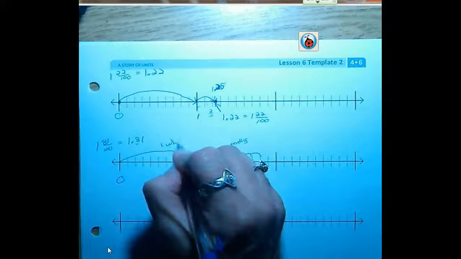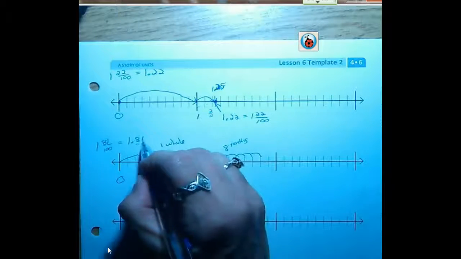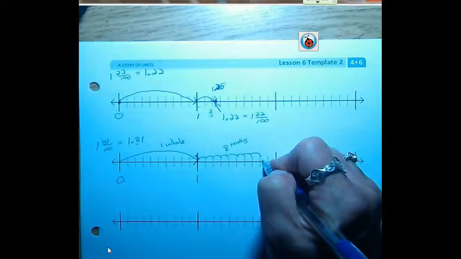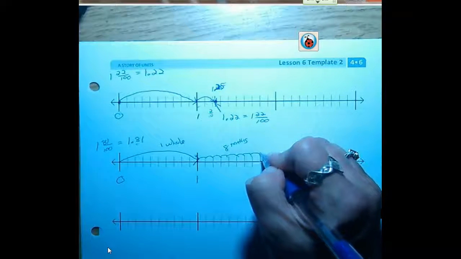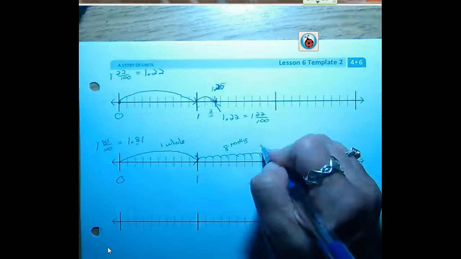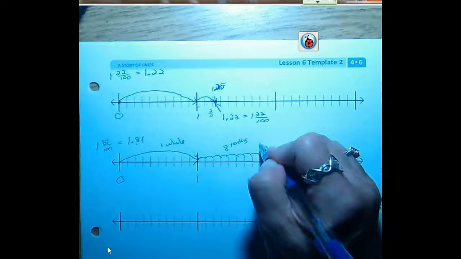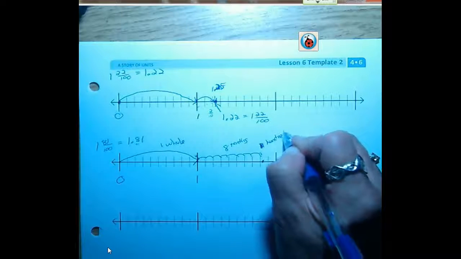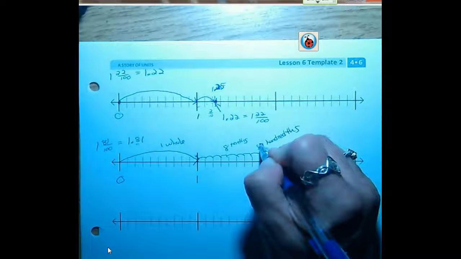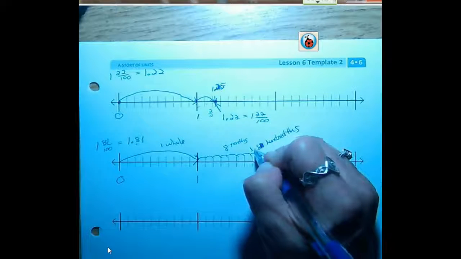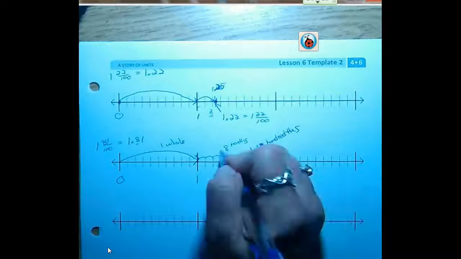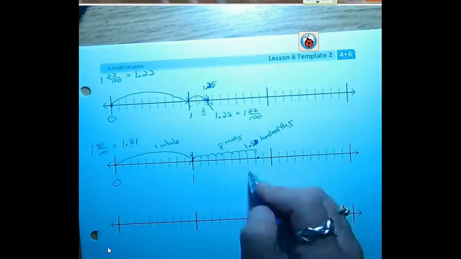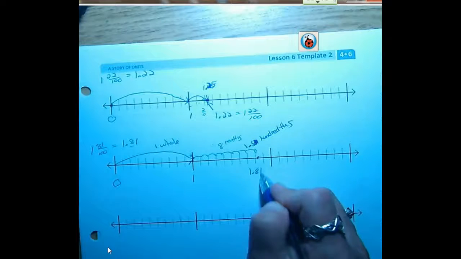This is 1 whole, 8 tenths, and now we're going to just put a little dot right here, which would be our very next little spot, and that would be 1 81/100ths. Actually, it would be 1.81. So it would be 1.81.